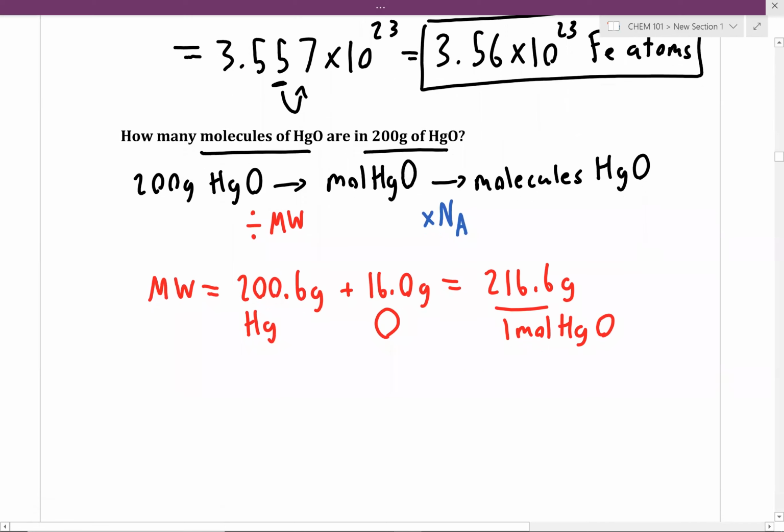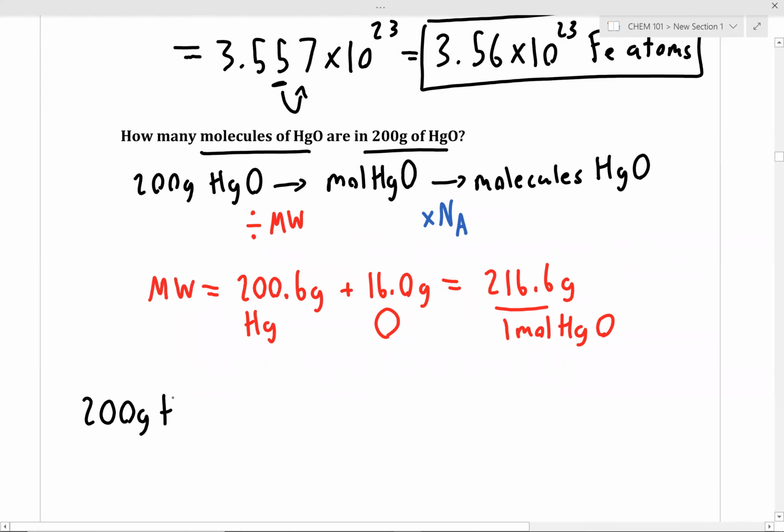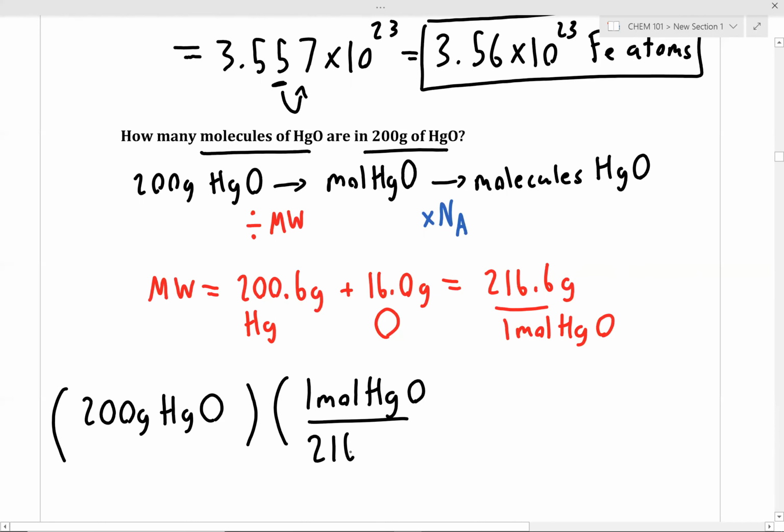Now, what we're going to do next is we're going to execute on this conversion. So starting with 200 grams of mercury 2 oxide, if we're going from grams to moles, what units are on top? Moles. So we have 1 mole of mercury oxide per how many grams? What's our molar mass? 216.6.